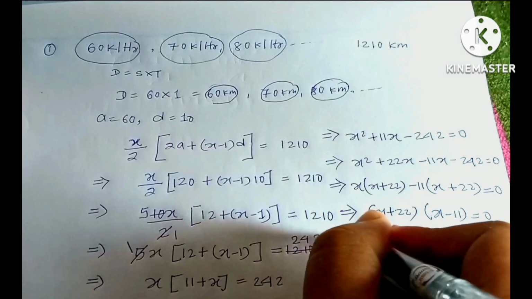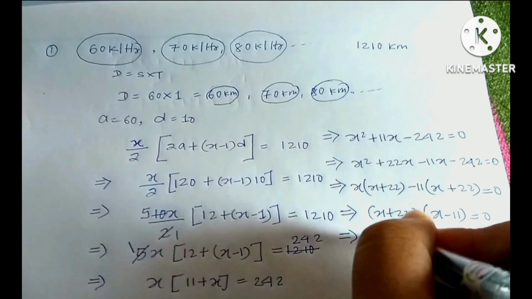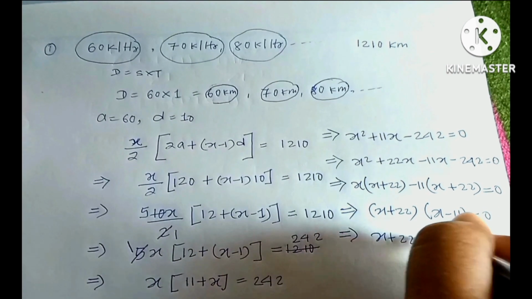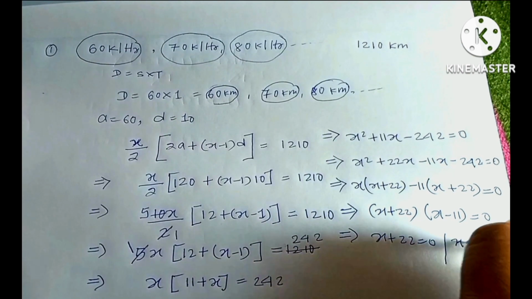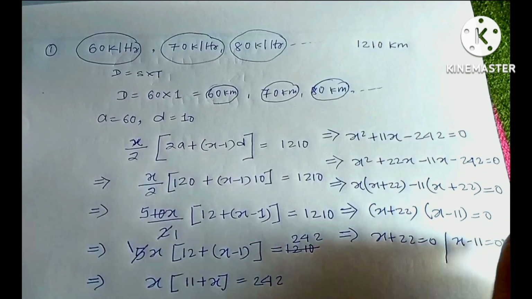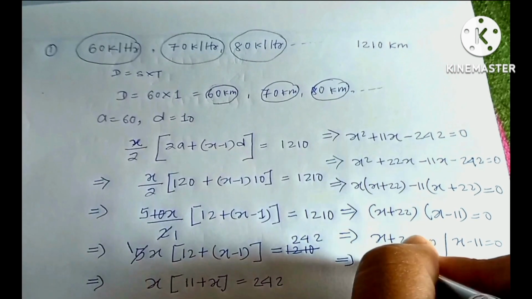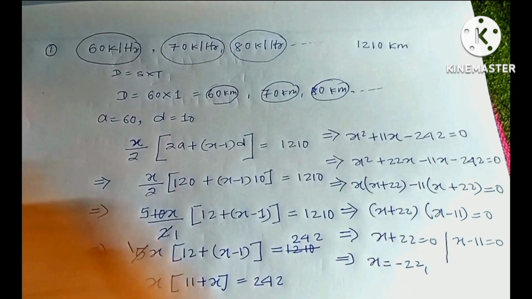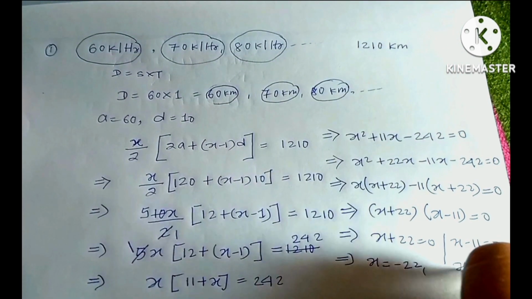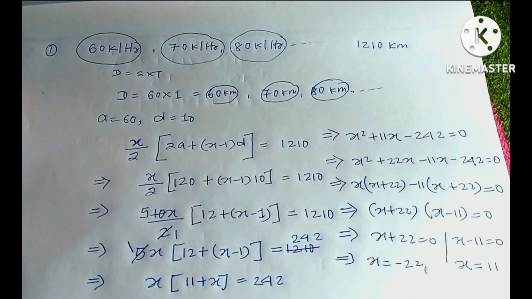This means either x plus 22 equal to 0 or x minus 11 is equal to 0. From the first one we get x is equal to minus 22, which is not acceptable, and from the second part we get x is equal to 11.